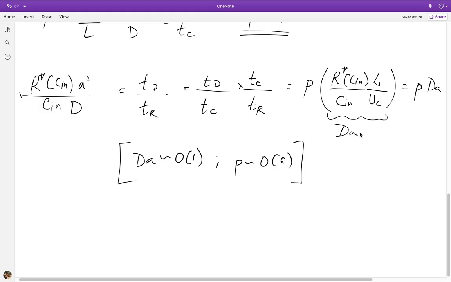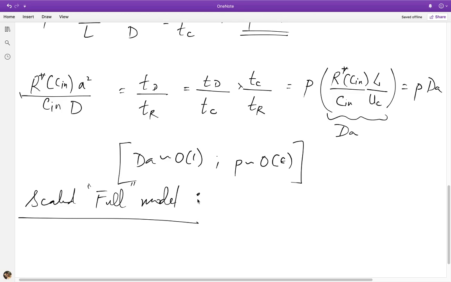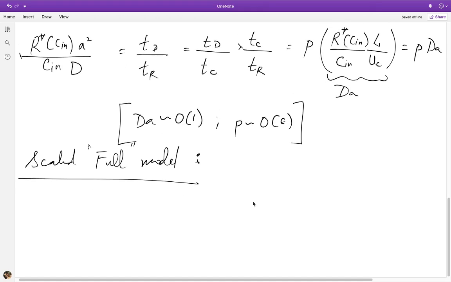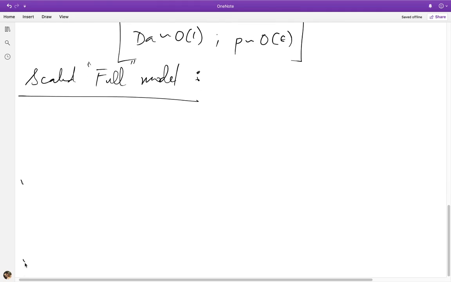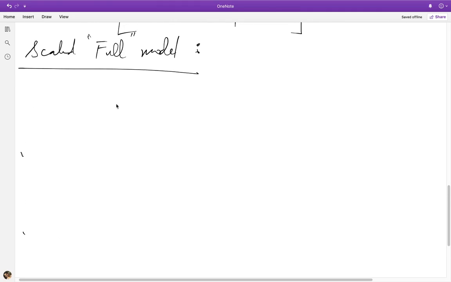Okay, so now let me write down the scaled full model. I'm using the term full model to mean the model without any approximations or averaging, beyond of course the initial assumptions we made before beginning the problem. So this has the following form now. We have the Peclet number times non-dimensional velocity times dou C by dou x.